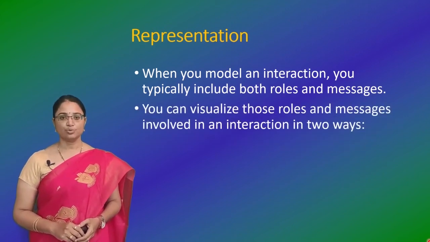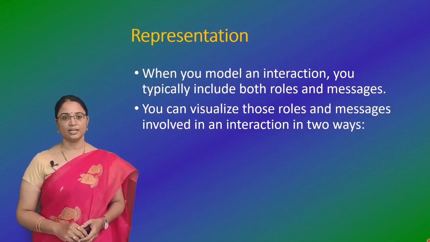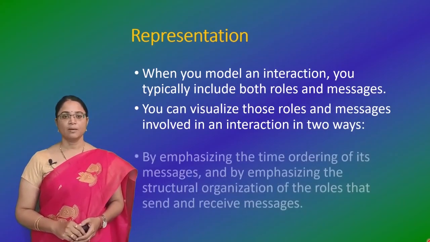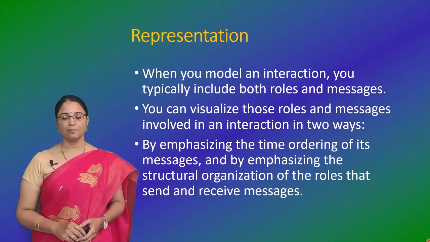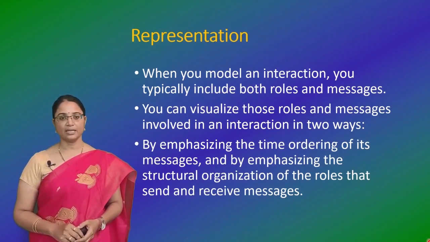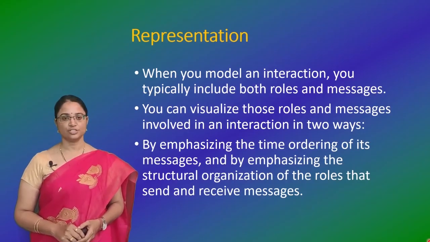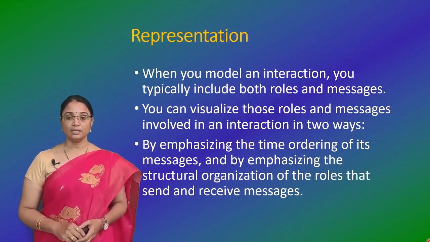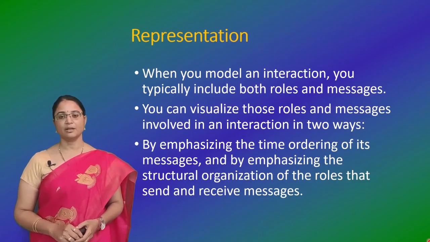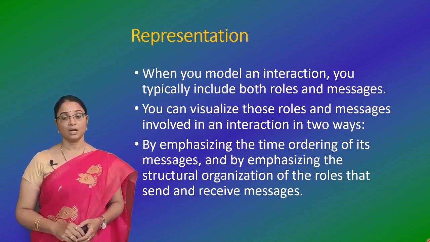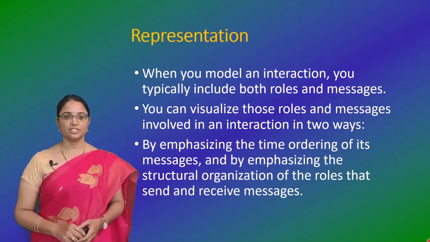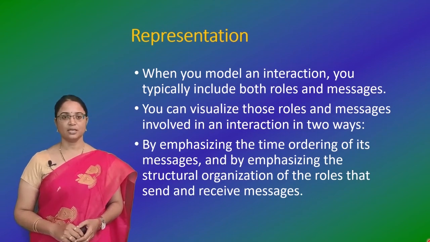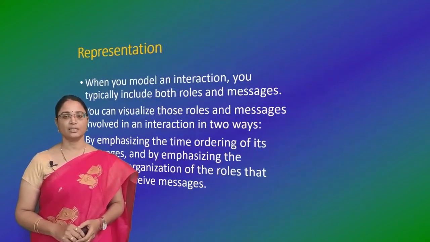You can visualize those roles and messages involved in an interaction in two ways: by emphasizing the time ordering of the messages, which can be done by using the sequence diagram, and by emphasizing the structural organization of the roles that send and receive messages, which can be done by using the collaboration diagram or communication diagram. In the UML, the first kind of representation is called a sequence diagram. The second kind of representation is called a communication or collaboration diagram.